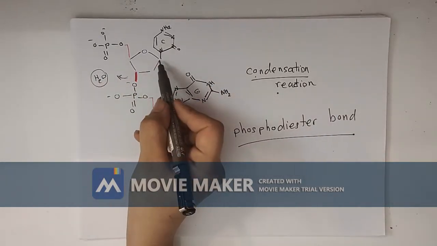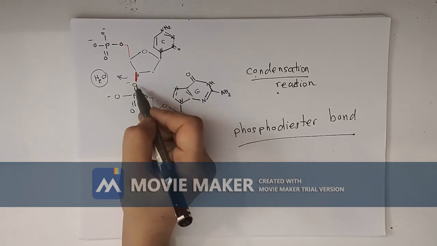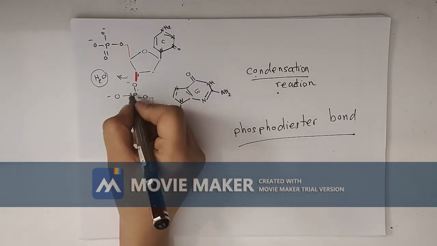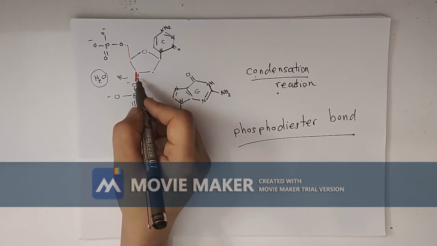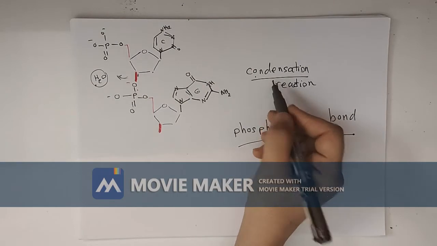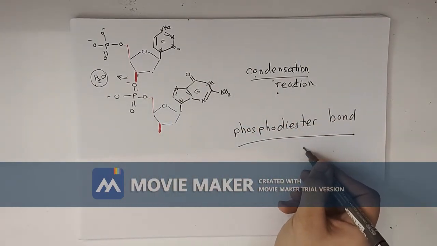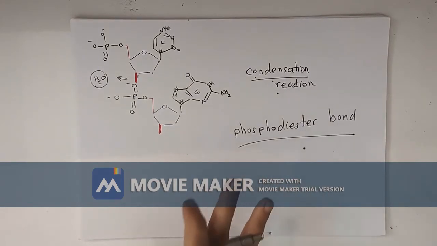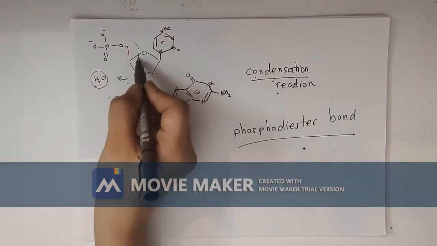Here you see, from this is their first carbon, second and third. From the third carbon, the oxygen of the phosphate group actually reacts with this hydrogen, and then it produces a water molecule. So during the condensation reaction, the bond which is formed here is a phosphodiester bond. And this just continues until this is one strand of the DNA, okay?